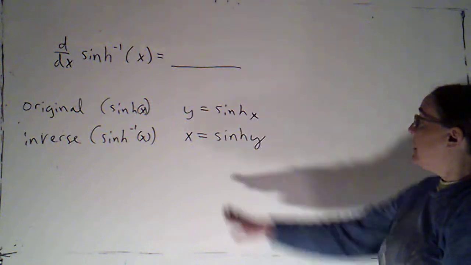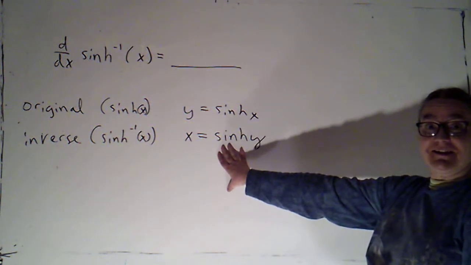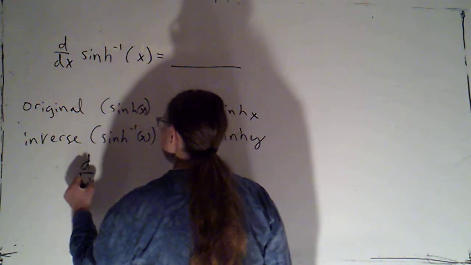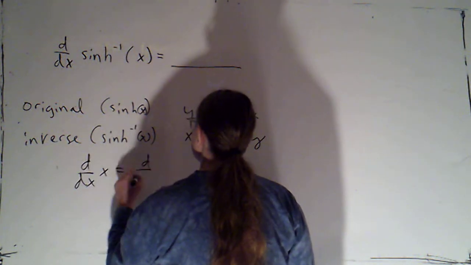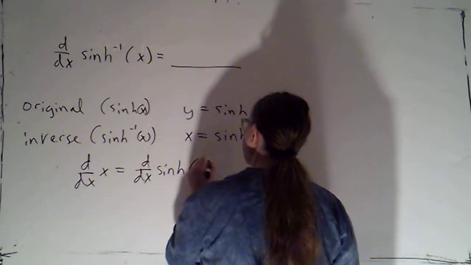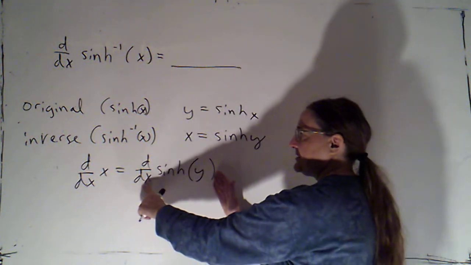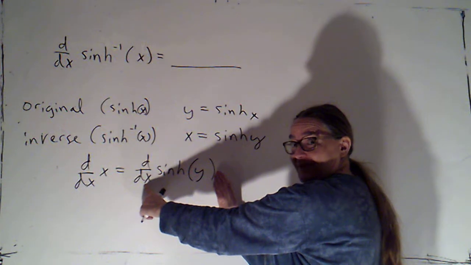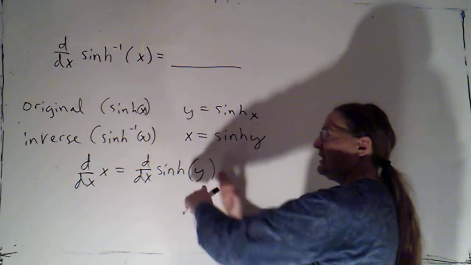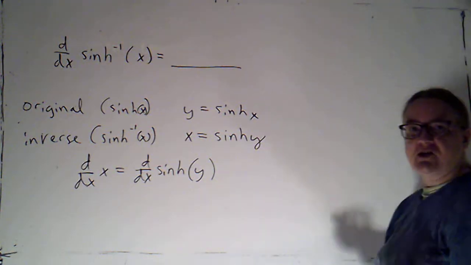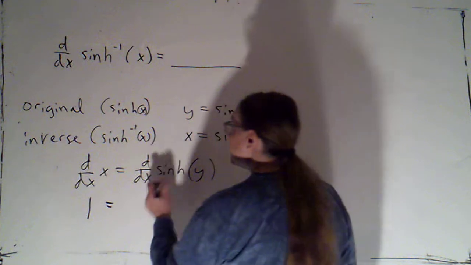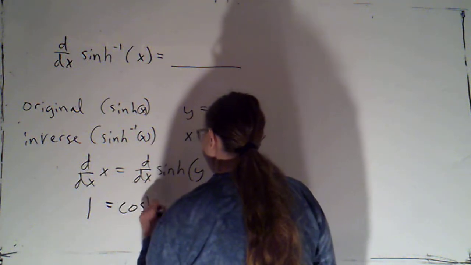Okay. So I'm just going to use implicit differentiation and take the derivative of both sides. Derivative of x is equal to the derivative of sinh of y, remembering that here, since the variable with respect to which I'm taking the derivative doesn't match the variable here, this is implicit differentiation, or just chain rule. Derivative of x is 1. Derivative of sinh is cosh.